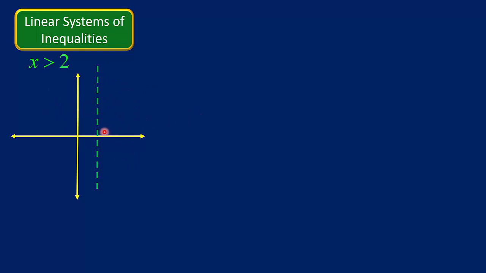But of course, the larger x values are to the right, so this must be the region here, x greater than 2. So I shade that in. So what I've done there is I've expressed the solution to that little expression, x greater than 2. This region that I've shaded in represents all the ordered pairs where x is bigger than 2.